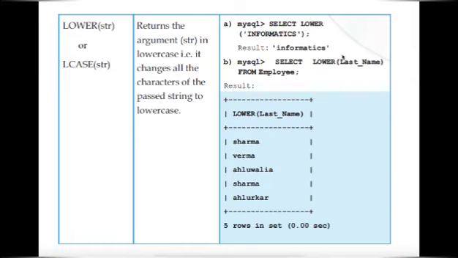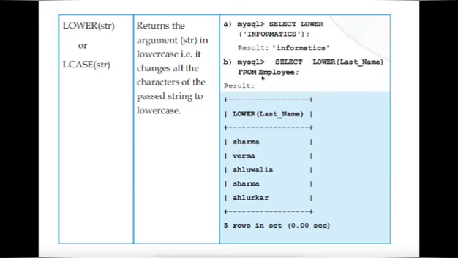As you can see in this example, select lower informatics. So in this query we are not referring to any table, we are just passing a constant string as parameter. What this function has done, it has converted this string informatics into lowercase, that is small letters. In the same way, if we are referring to some table, then we will pass the name of the column as parameter.